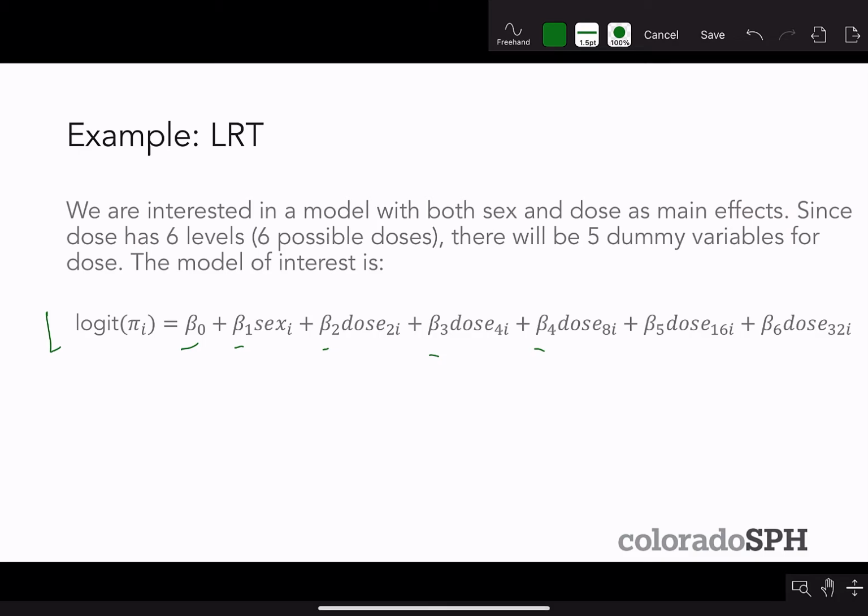So it would be dose 2 compared to dose 1, and this beta would represent the log odds ratio for budworm death comparing dose 2 to dose 1, for example.